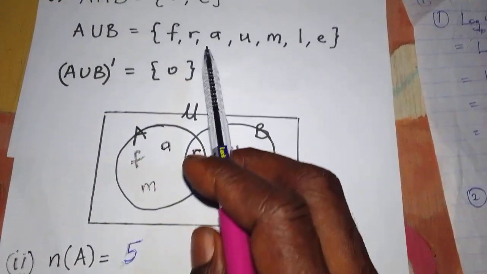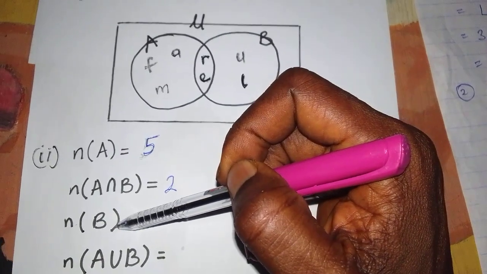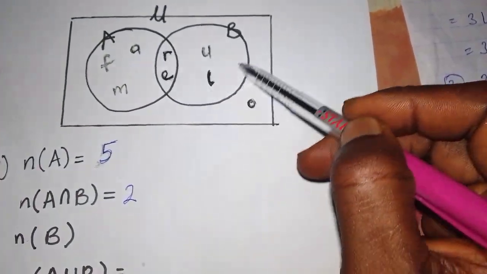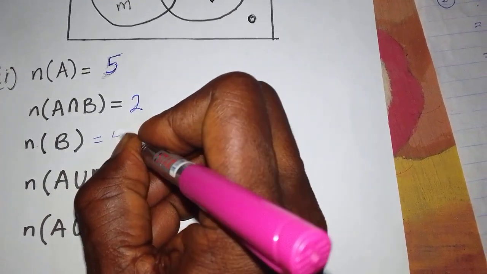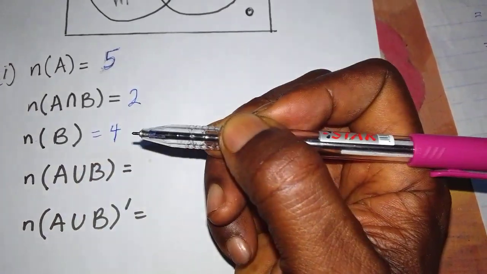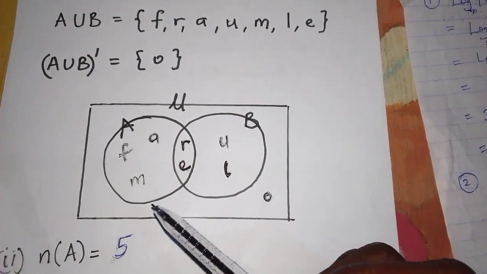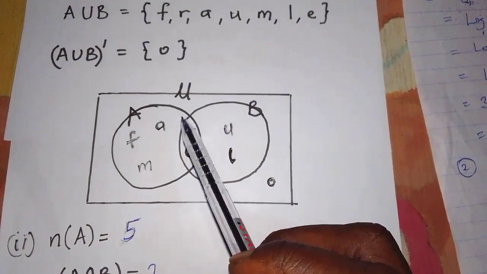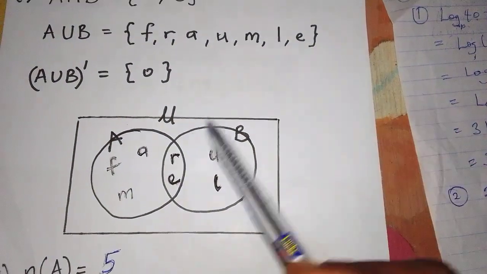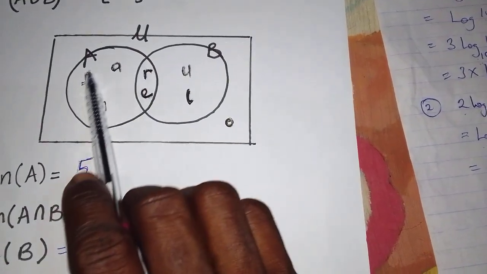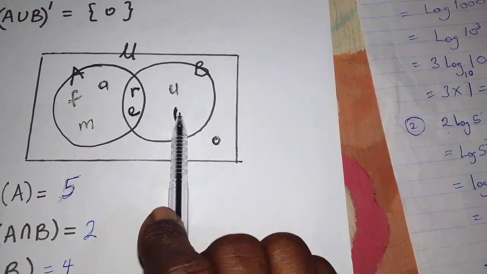Then the number of elements in B. How many elements are here? Check this circle: 1, 2, 3, 4. You have 4 elements. Then the number of elements in A union B. That means when you combine A and B. What is in these two circles? 1, 2, 3, 4, 5, 6, 7.